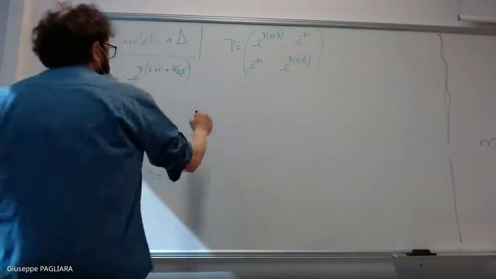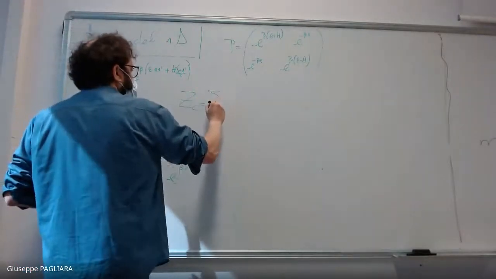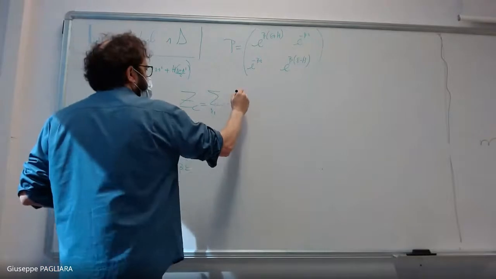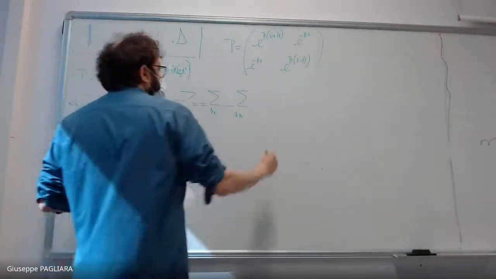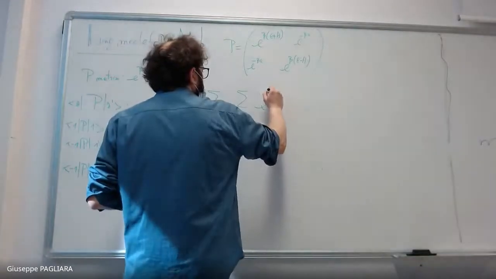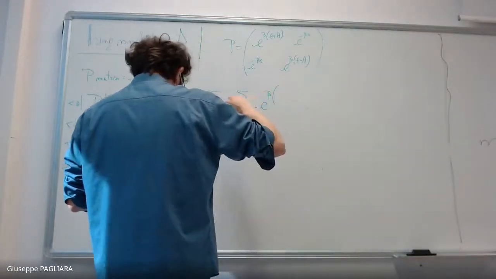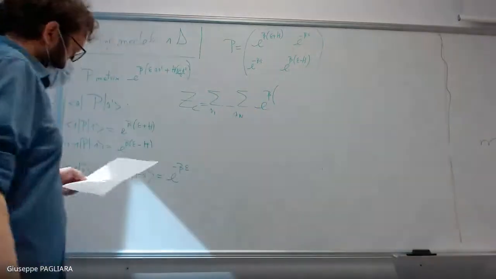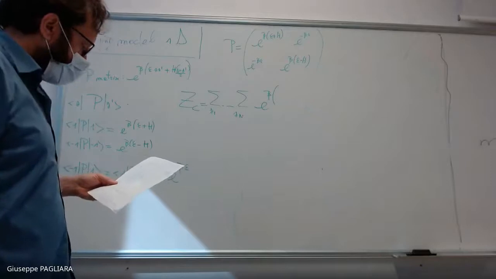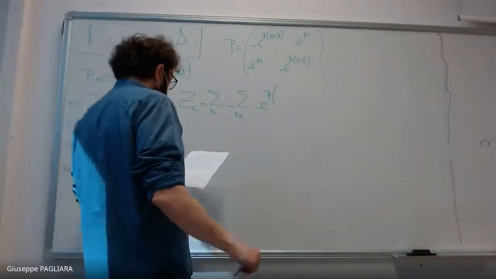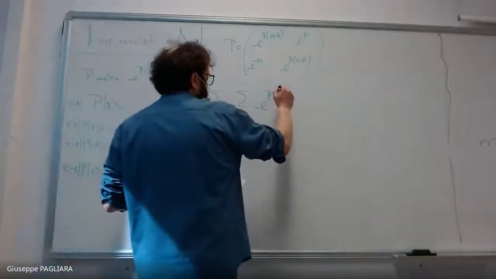Now let me write down again Z of C, which was the sum over S1 to Sn of e^β, and here I have... maybe it's good to do it in order to see what happens there. So let me make the two sums that we had before explicit.